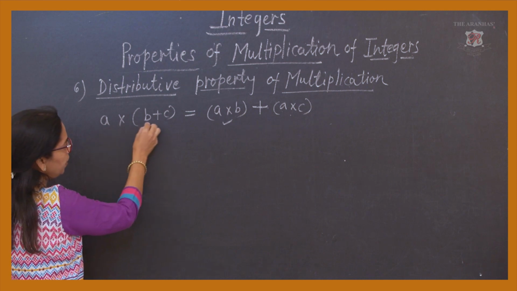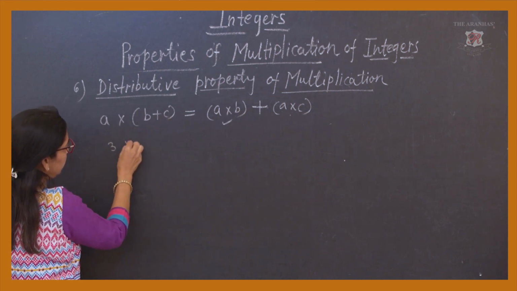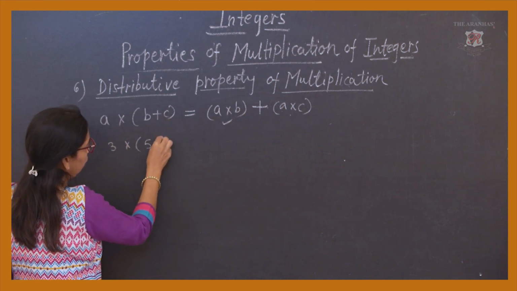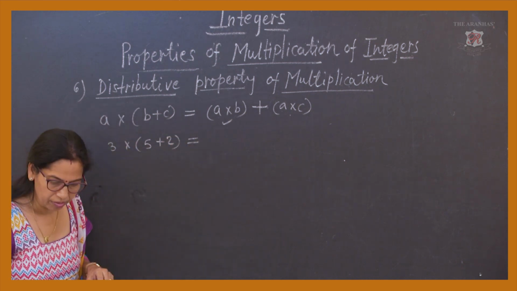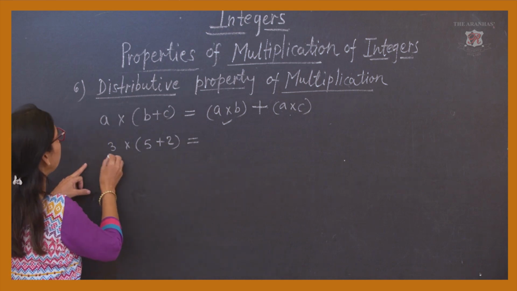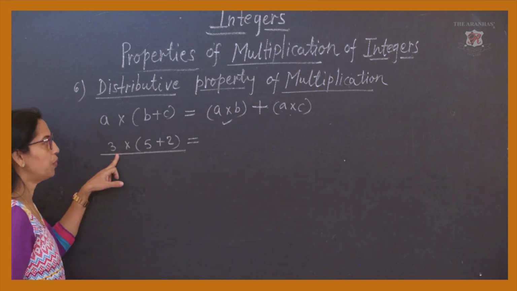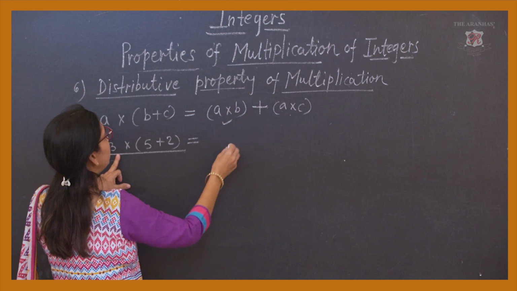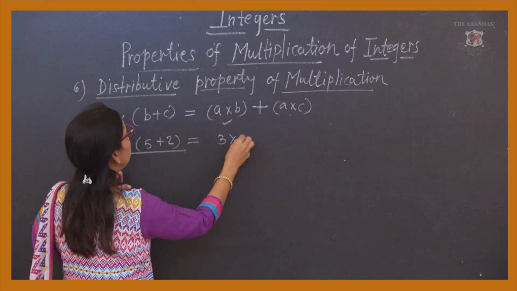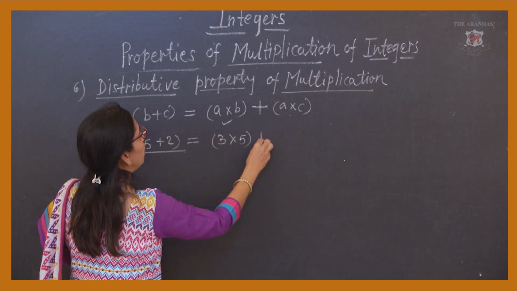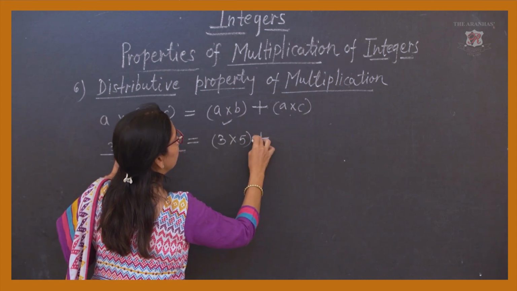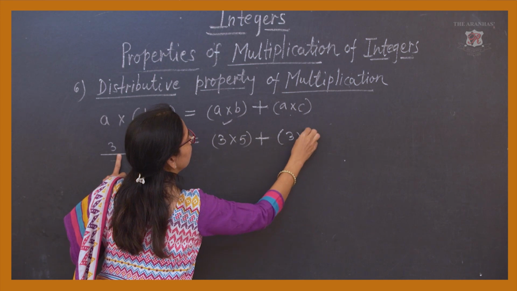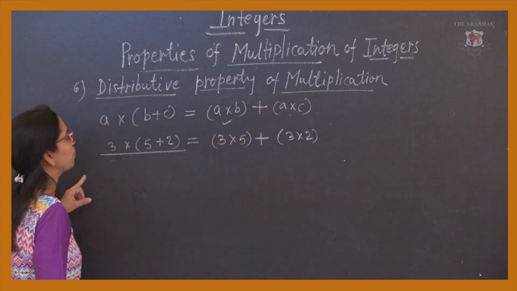Suppose here a, b and c, three integers are given. We will have it with the example again. Now here you can write it in this form, that is 3 into 5 plus 3 into 2.